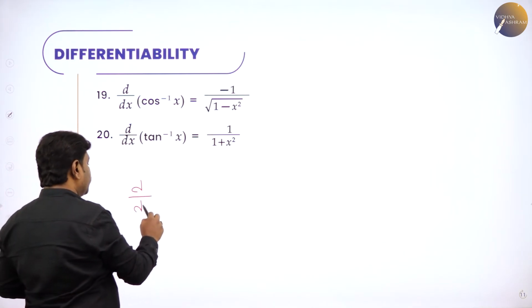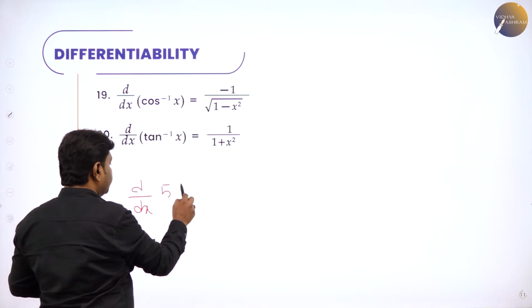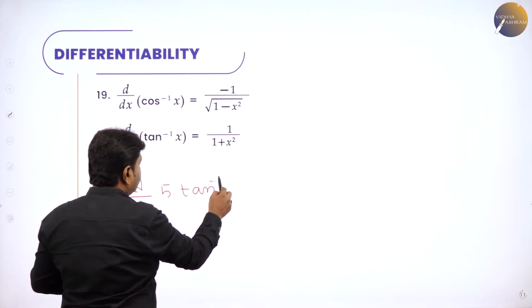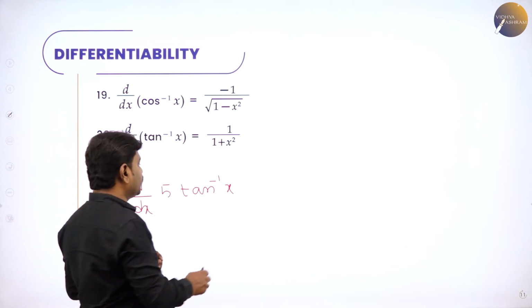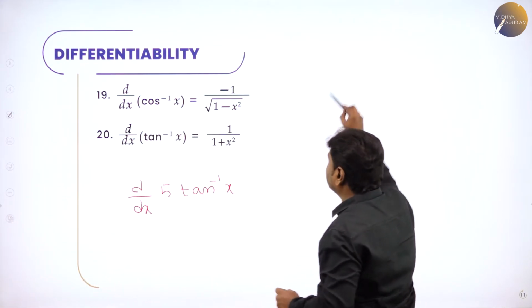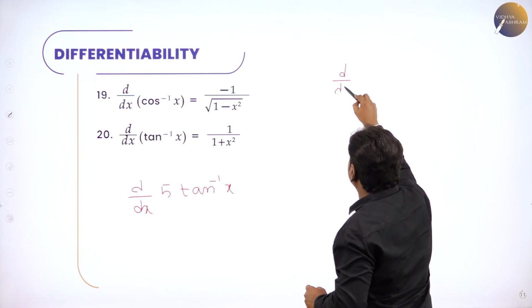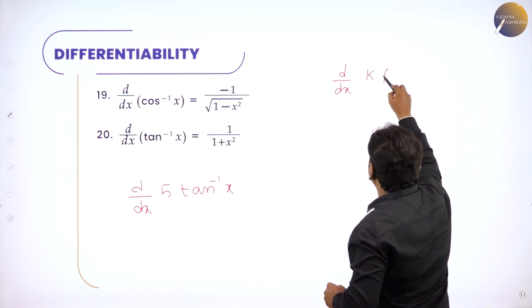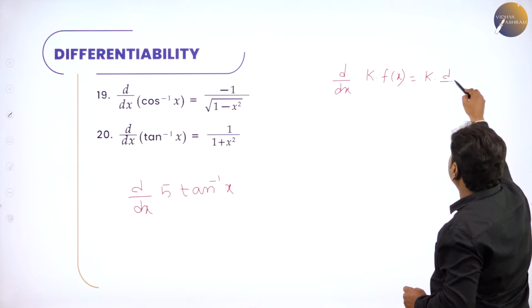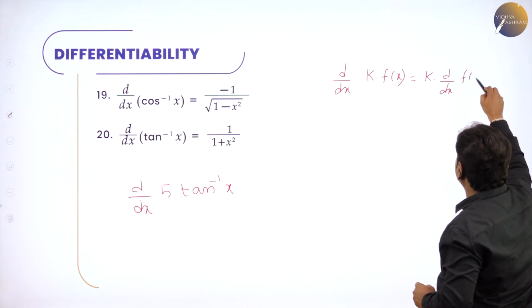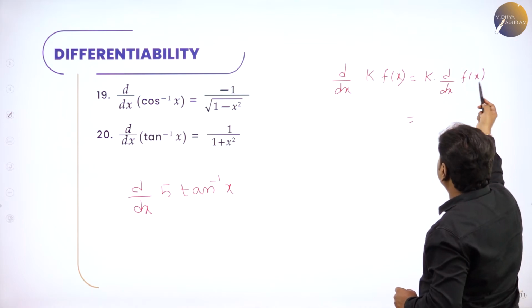So if I want you to find d by dx of 5 tan inverse x. What is the derivative of 5 tan inverse x? All of you know 5 is a constant. Take it out. It is in the form d by dx of k into f of x. What is the derivative of k into f of x? Take the constant out and apply d by dx to f of x, so it becomes k into d by dx of f of x.